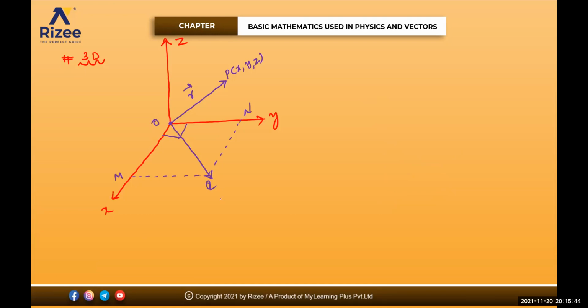Now, if I drop a perpendicular here, beta, this is a perpendicular. The angle between them is 90. This angle is also 90. And this is making an angle here, some gamma.